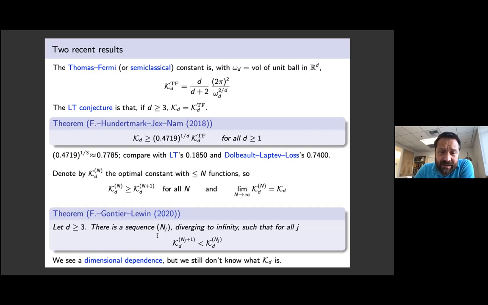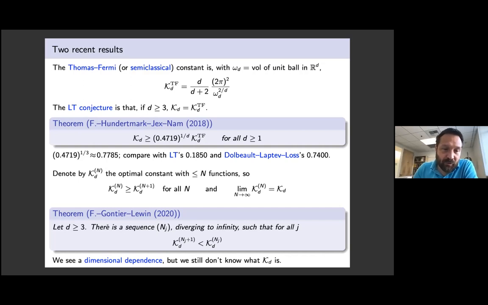And there we study how these constants in the inequalities depend on n, on the number of functions. So we know just by the definition that these constants don't go up. So it's a decreasing family, they're bounded from below, and they converge to that constant, which is the optimal constant in the Lieb-Thirring inequality.